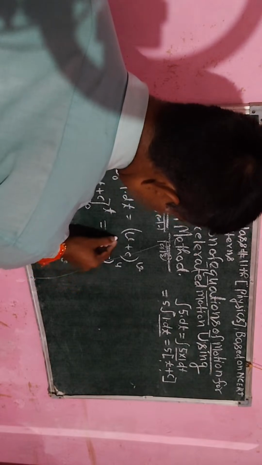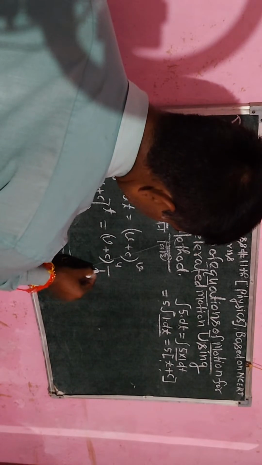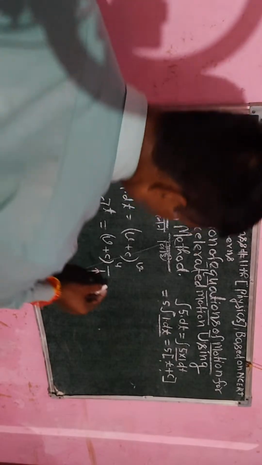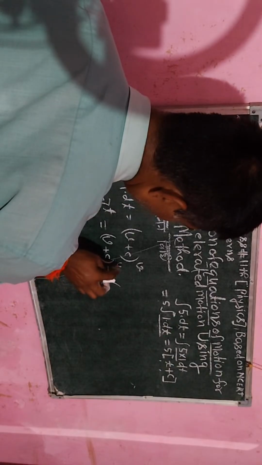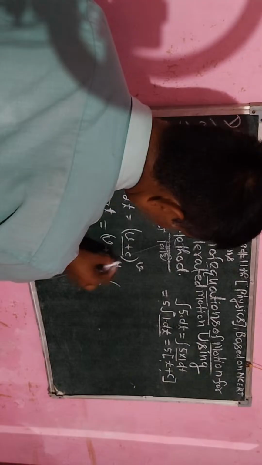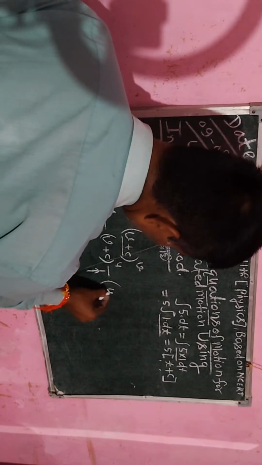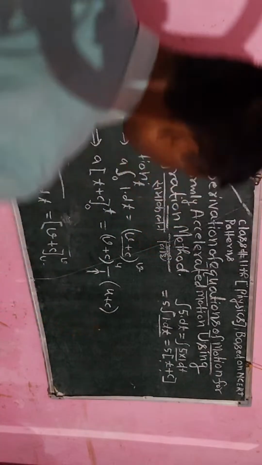Now I will put it in bracket, but here I will use a minus sign itself, and then I will put the value of u, that is the lower limit, that in the place of v I have to put u. So u plus c, that will be okay.